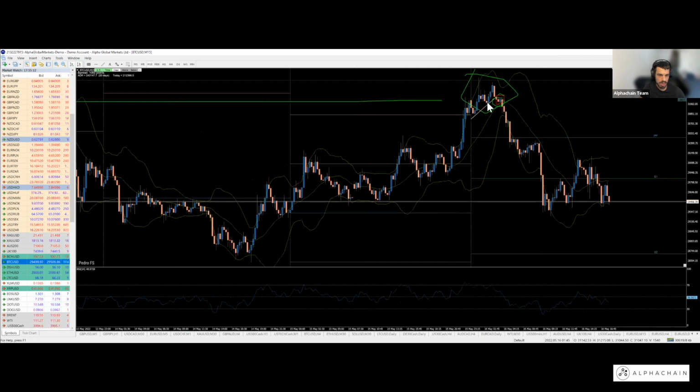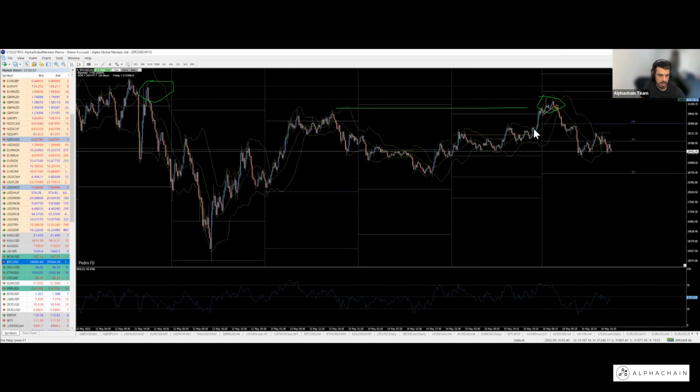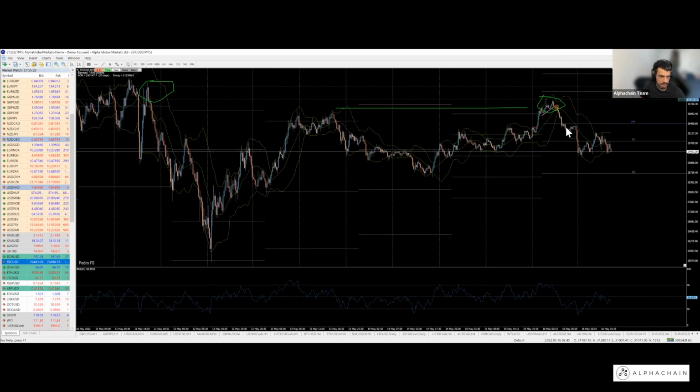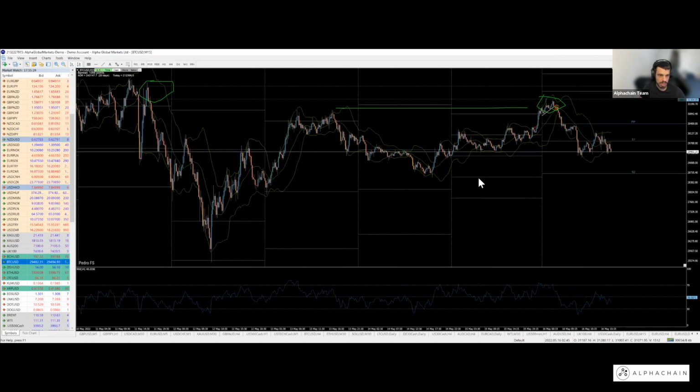This could be the trigger to look for sales. Maybe first target, maybe last target somewhere, I don't know, at least this wall, maybe somewhere in here.